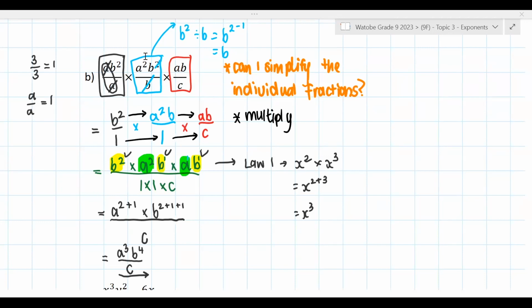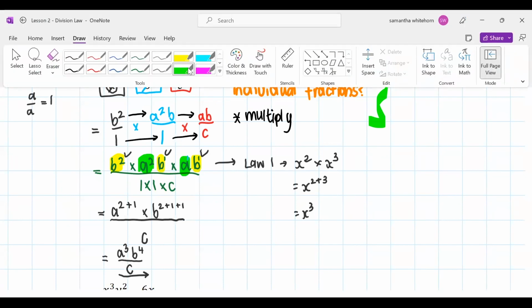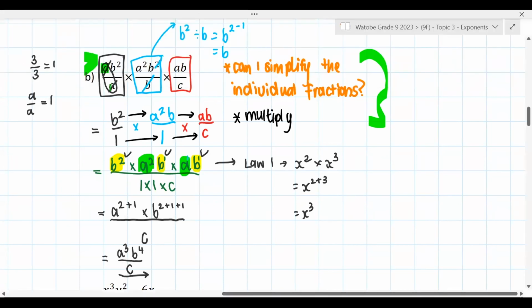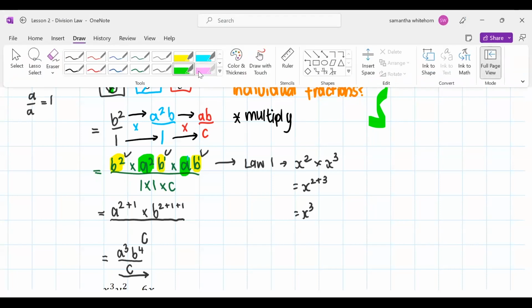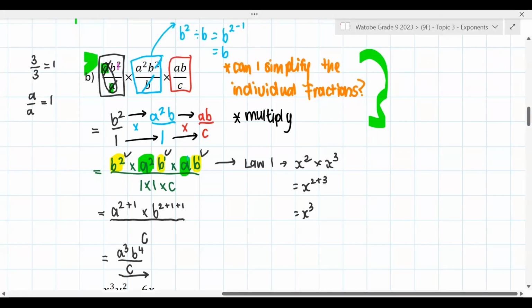Okay, I'll go through it quickly, but remember you can get the recording. So what I said was initially we can see if we can simplify the individual fractions, which is what I did in the blocks over here. For example, in the first fraction, I saw that the a could cancel with the a in the denominator, and so I simplified, leaving me with just the b squared in my numerator, because that was the only thing I didn't cancel.